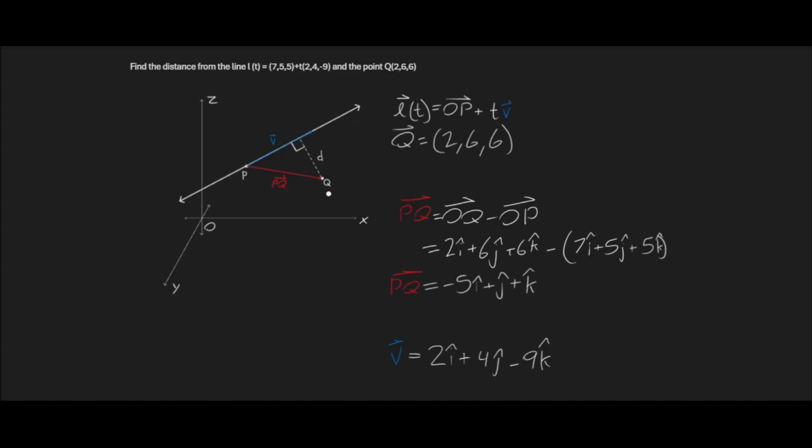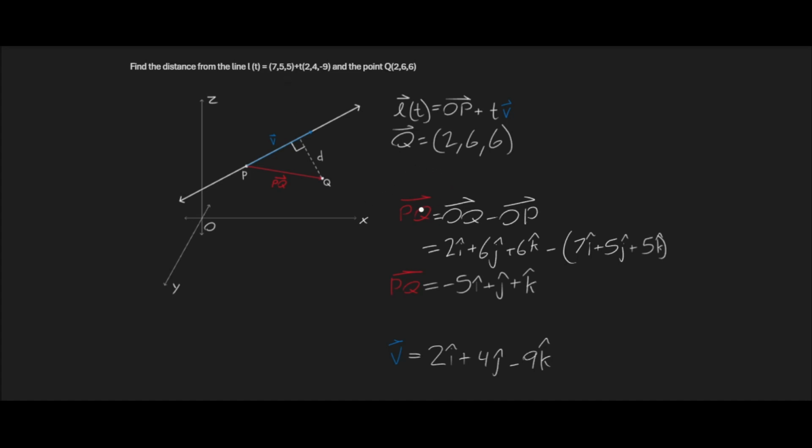And Q is the point (2, 6, 6), and we want to find the distance between Q and the line. So the first step we need to take is to find PQ, which is the vector that goes from P, our starting point on the line, to Q. And P is going to be this point here, (7, 5, 5).